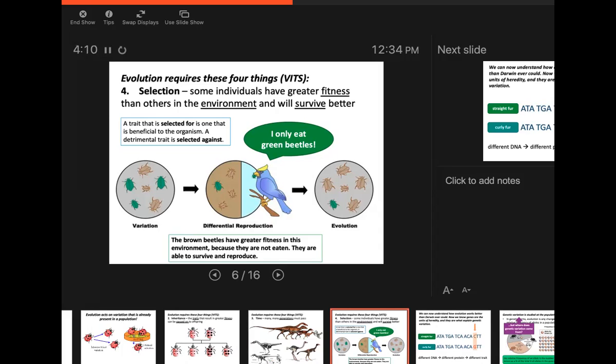The green beetles get eaten because why? They stand out. Okay, they don't blend into the tree bark. And so then over time, what happens? The brown beetles are the ones that reproduce. Okay, so therefore, over time, we're going to see many more brown beetles.